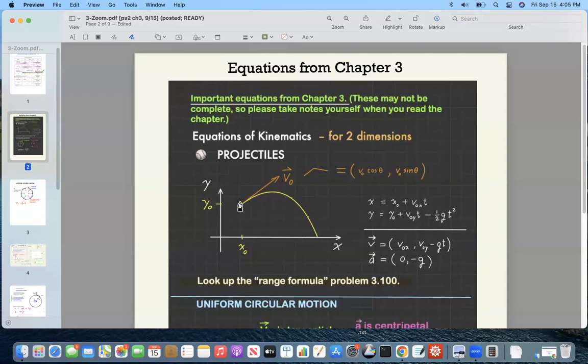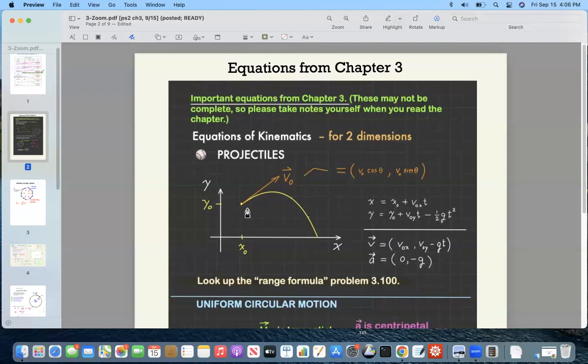So if the projectile is moving upward, then this says that the upward velocity is decreasing. On the other hand, if the projectile is moving downward, then the downward component of velocity is negative, and it's increasing in absolute value.